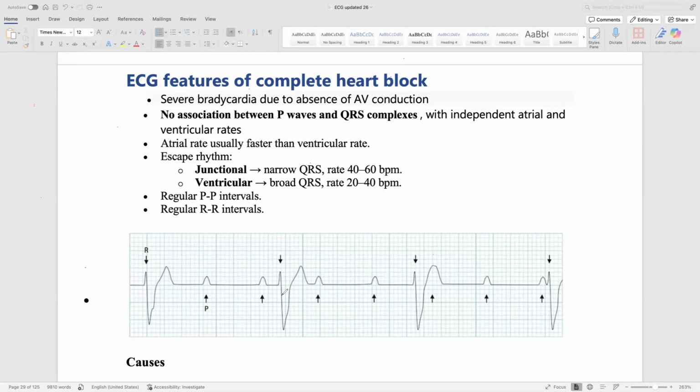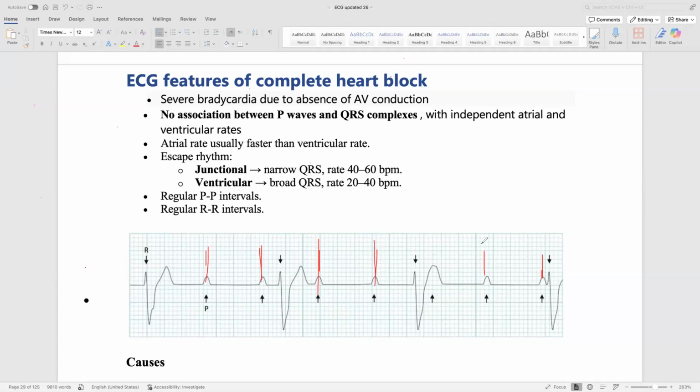The atrium and ventricle separated. But the atrial rate is generated from the SA node. The time is fixed between the atrial beat and the atrial beat.